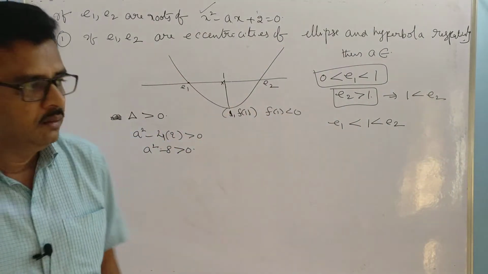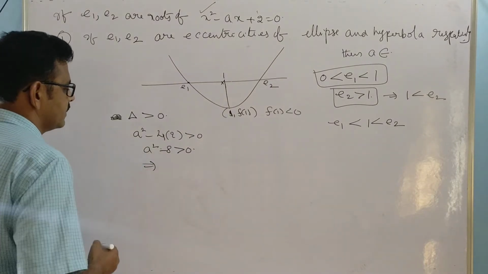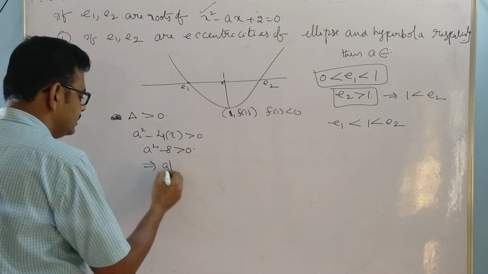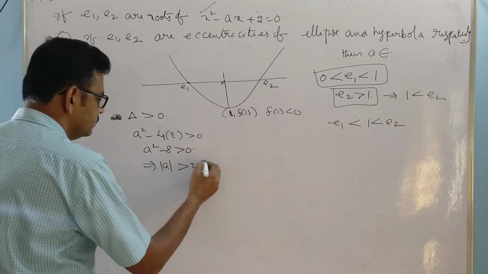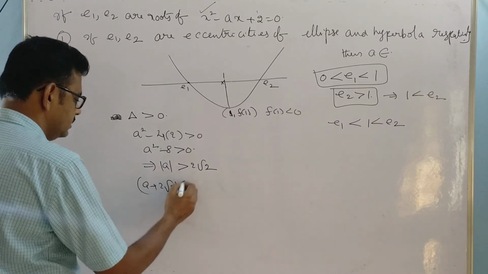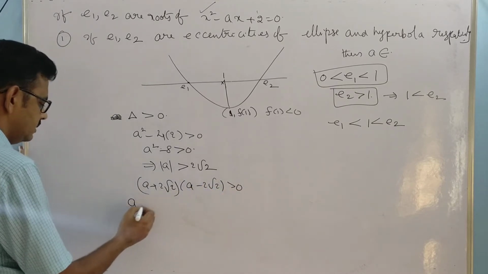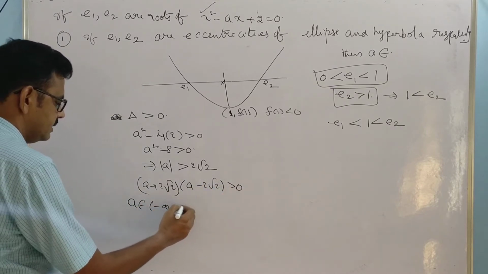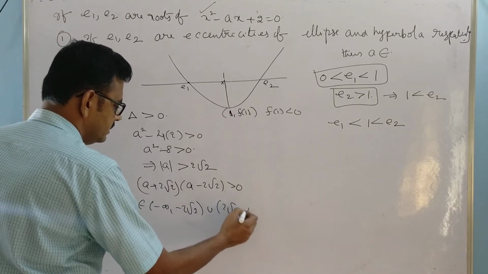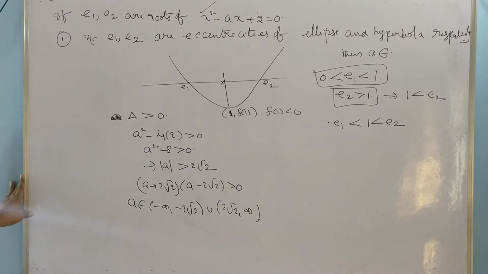Therefore that implies mod A is greater than 2 root 2, or simply write A plus 2 root 2 into A minus 2 root 2 is greater than 0. A belongs to minus infinity comma minus 2 root 2 union 2 root 2 comma infinity.